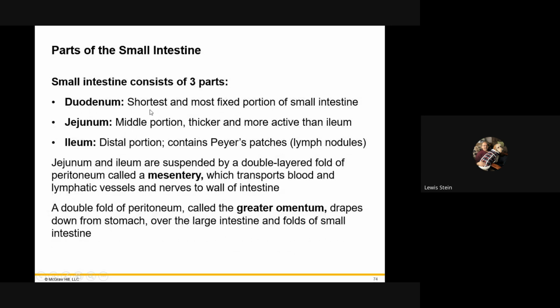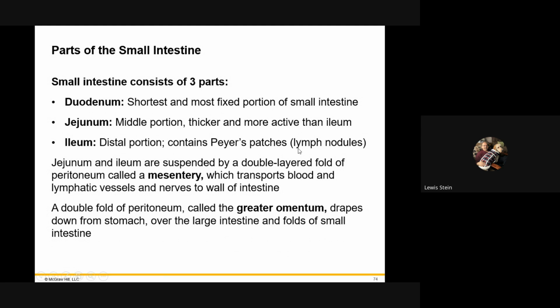So, duodenum, this is the part, the stable point. Why? It's the critical piece because of the common bile duct. The jejunum, very, very active, and this is where the vast majority of chemical digestion and absorption takes place. At this point, the ileum, you're going to have a lot.